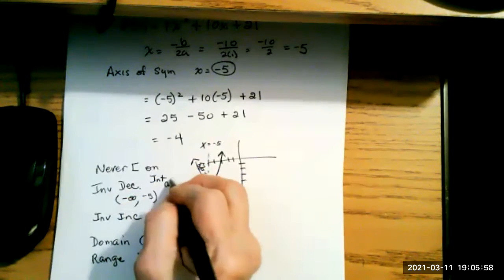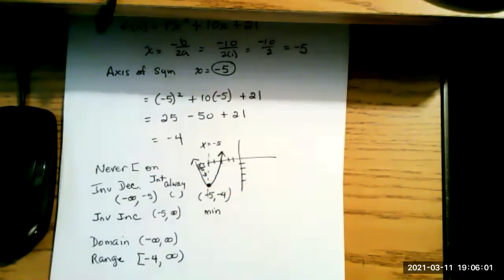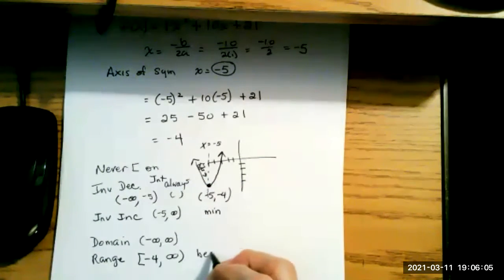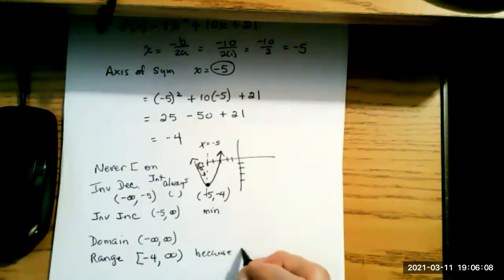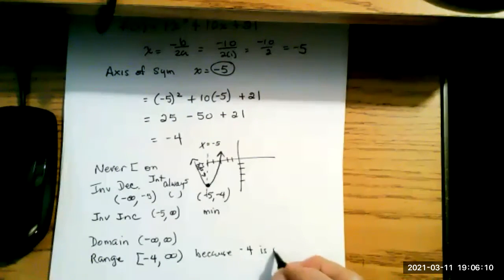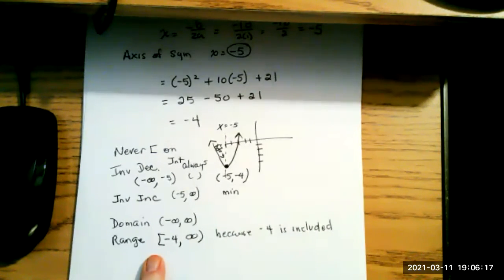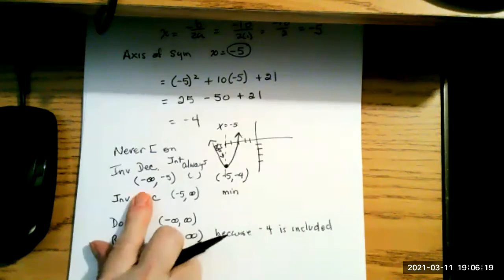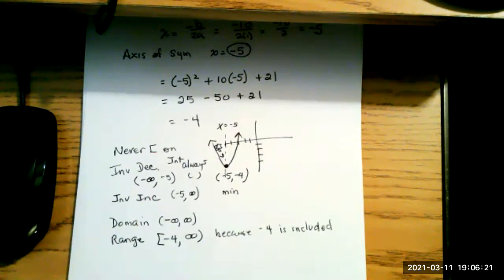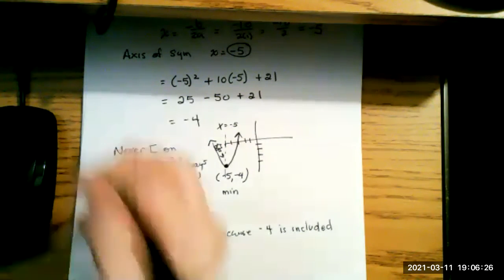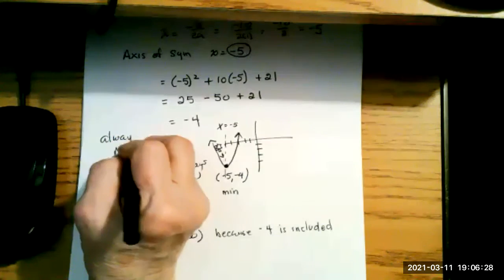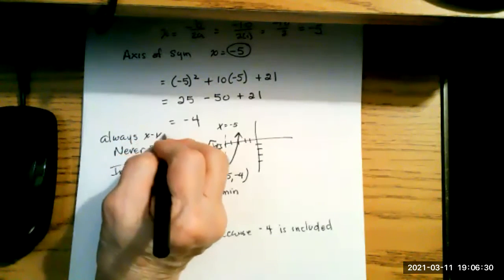They're always parentheses. The bracket is because of the vertex; negative 4 is included. You can use a bracket on range and domain, but you never use brackets on intervals. And intervals are always x values, remember?